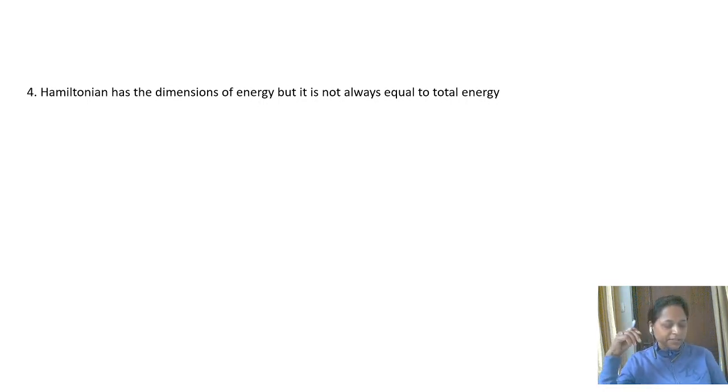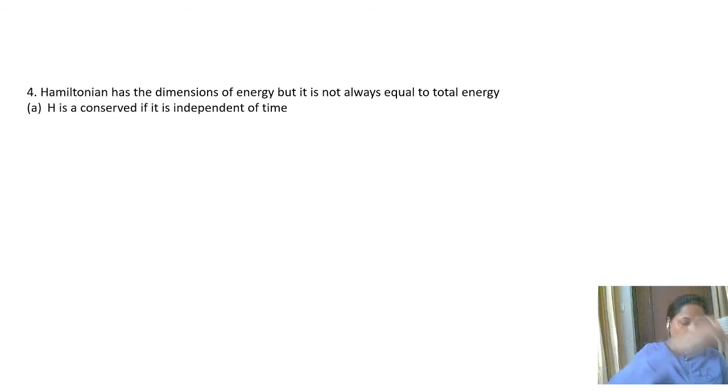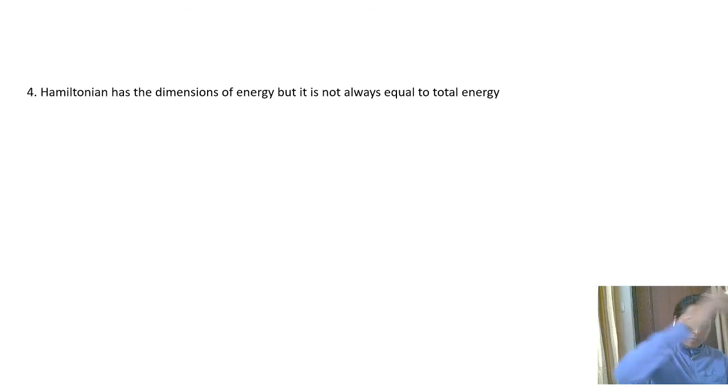Next is, Hamiltonian has the dimensions of energy, but it is not always equal to energy. First I come to this property. Hamiltonian has the dimensions of energy. How can we say this statement?